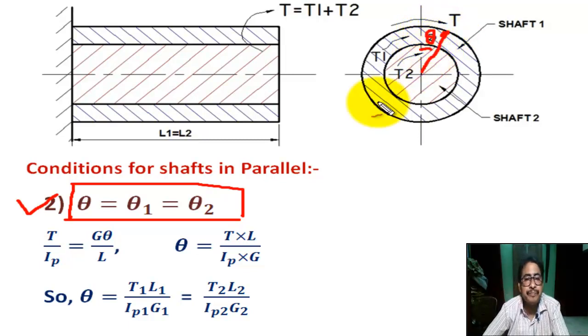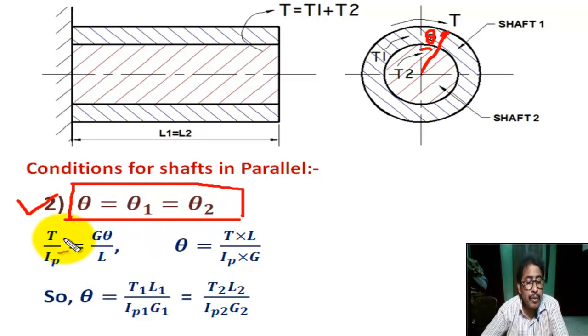Theta equal to total angle of twist, theta 1 equal to angle of twist for shaft 1, and theta 2 equal to angle of twist of shaft 2.